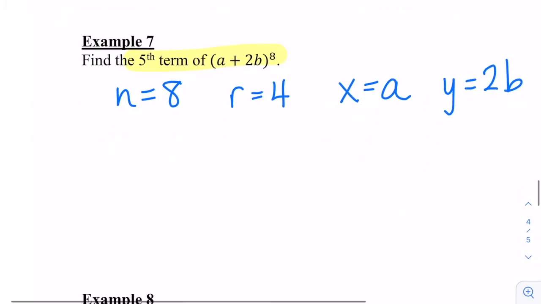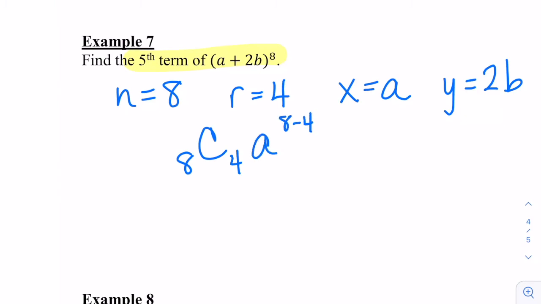So if we want to figure out the term, it's going to be 8 choose 4, and then we're going to have a raised to the 8 minus 4, and 2b raised to the 4th. Just notice that this number, that r, is also right here. That's the same r.